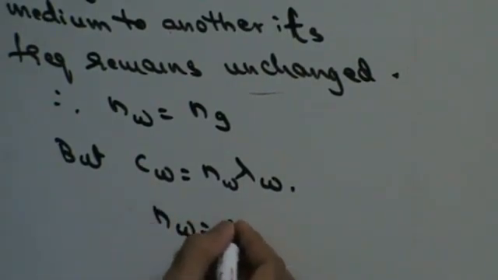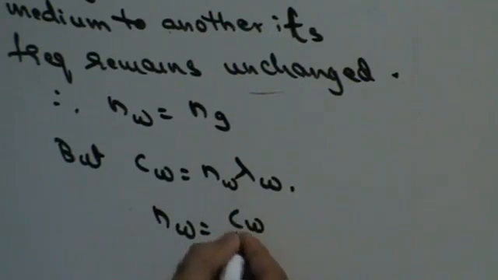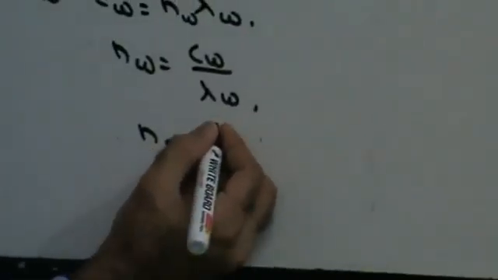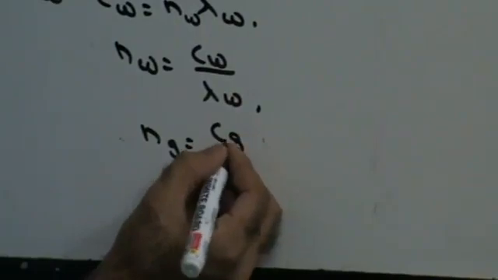frequency in water is velocity in water upon wavelength in water. Similarly, I can say that frequency in glass is velocity in glass upon wavelength in glass. Equate the two. If I equate the two, I will get this as CW upon lambda W is equal to CG upon lambda G, right?